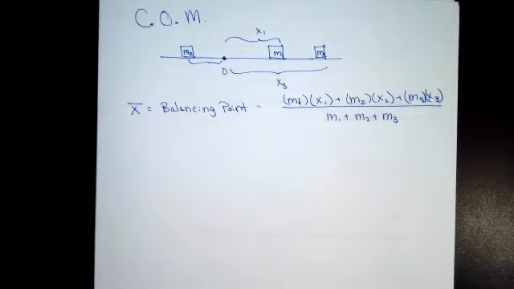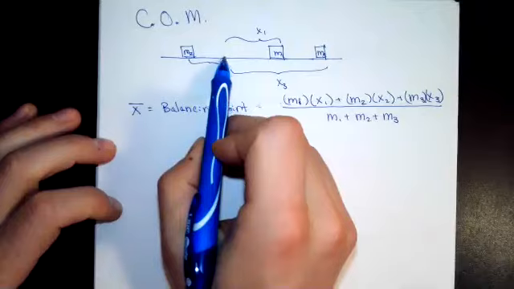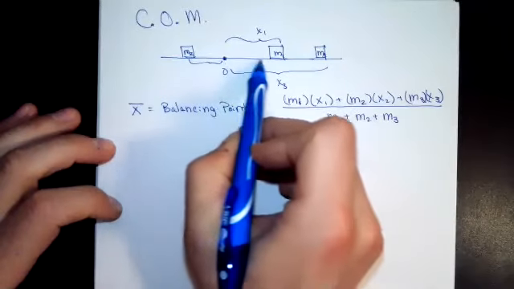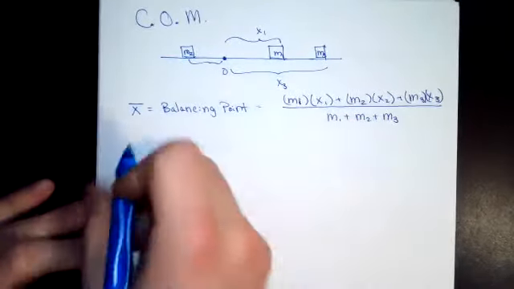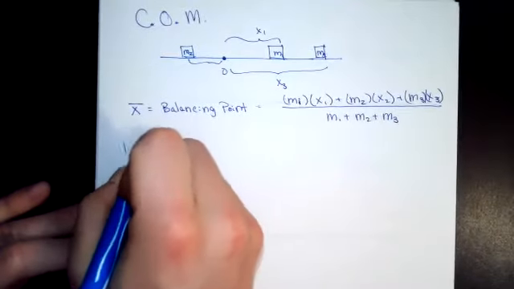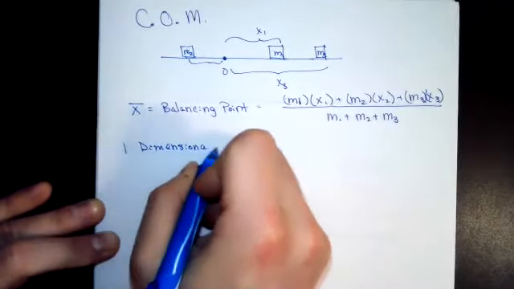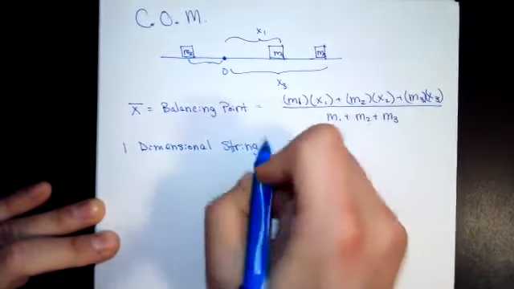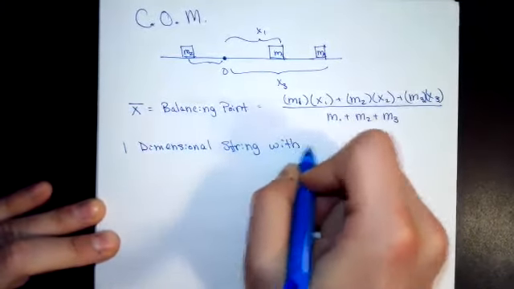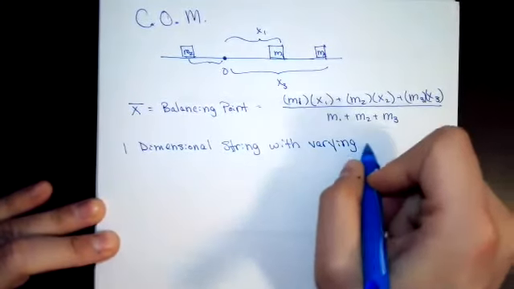So how do I turn this into, well, a calculus problem? If instead of individual masses, we had a string that was of varying density, so let's just say we have a one-dimensional string with varying density.